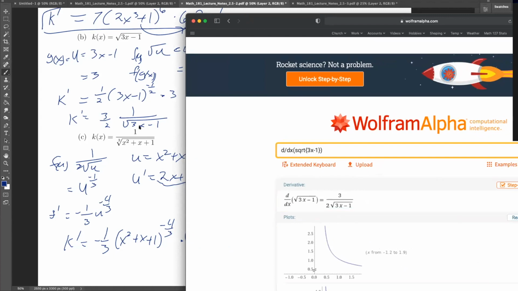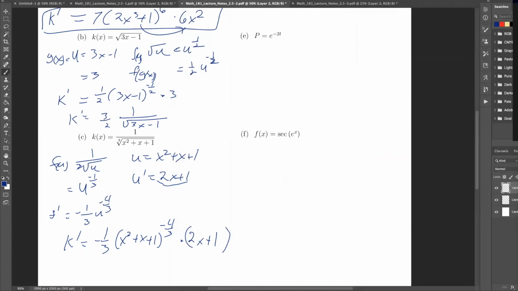Here we get to see that this is the same as what we had, 3 over 2 over 1 minus that. So this simplifies to the same thing we got. Okay. This is how you type it in. So please double check your answers before you type in anything.